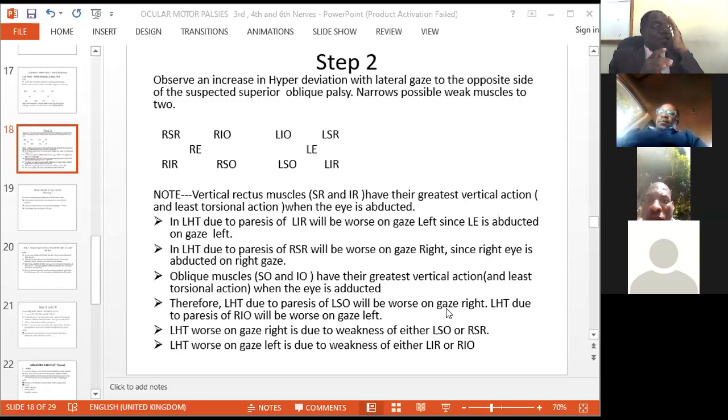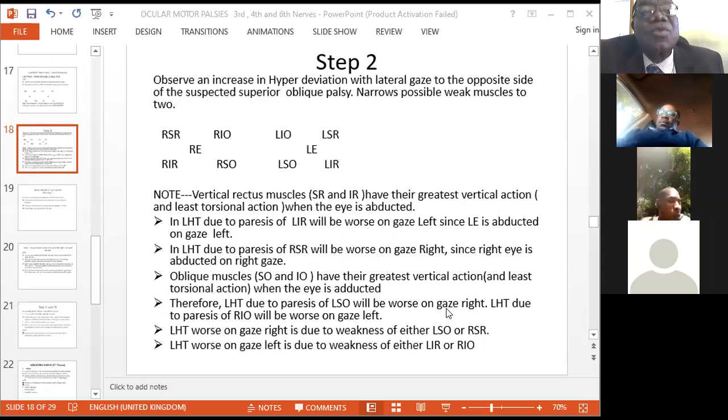You ask the patient, can you now look there? You're not turning the head. I'm not saying turn the head. You just say, look to there while we are looking forward. Can you look to this object? You find if the eye goes a bit higher again, an increase in hyperdeviation, it means the lesion is here.